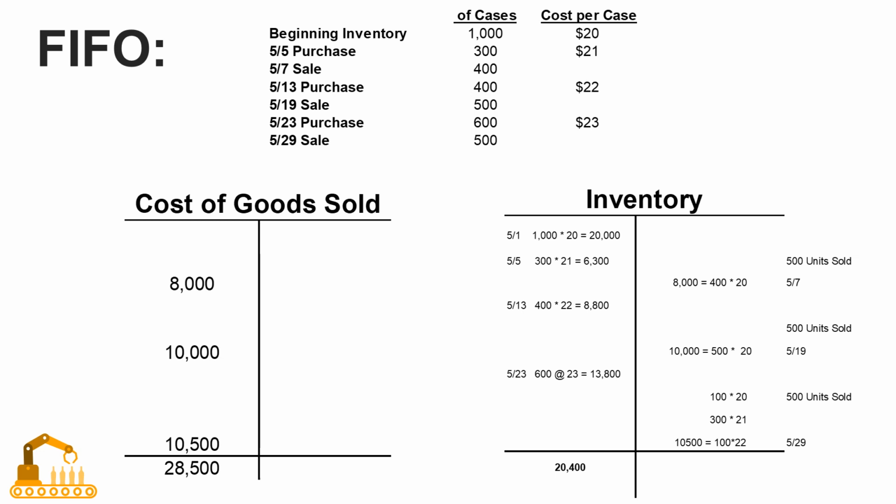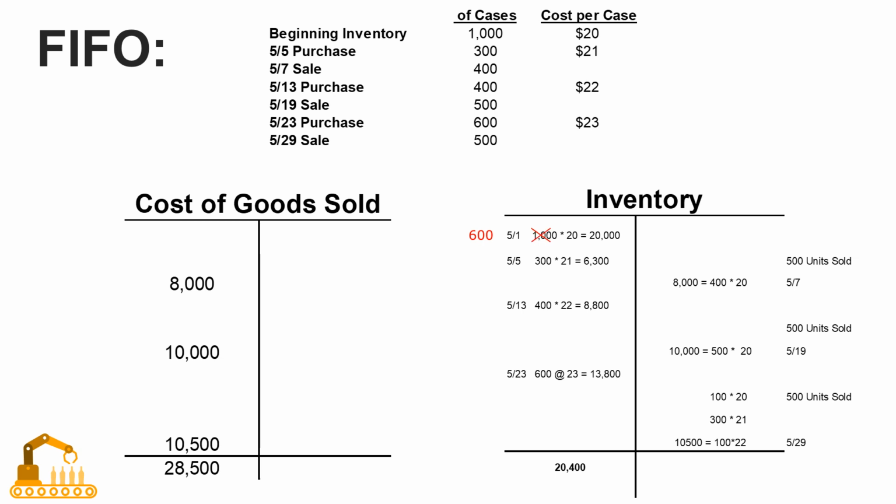Are they the cost of $20 of beginning inventory, or are these some of the units that we just purchased most recently at $21 per case? Under first in, first out, these 400 cases must be coming out of the first inventory that we have, which was the beginning balance. If these 400 cases are coming out of the first inventory, there are now 600 units left over that cost us $20 a case.